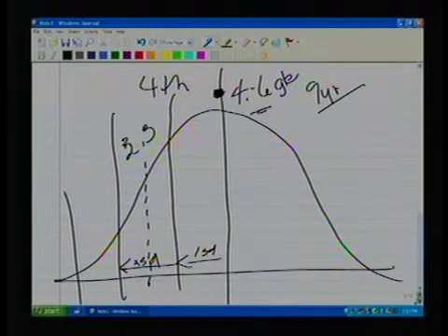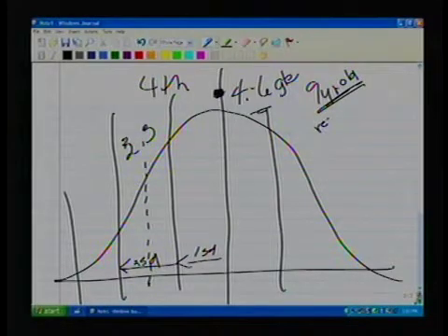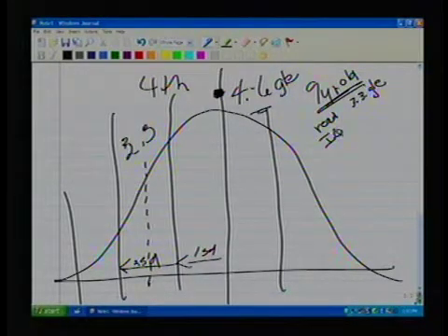Now then, say we sent this child and had him IQ tested. We got a 9-year-old here. His reading is at the 3.3 grade level equivalency, and his IQ score is 115. Where would his IQ fall?